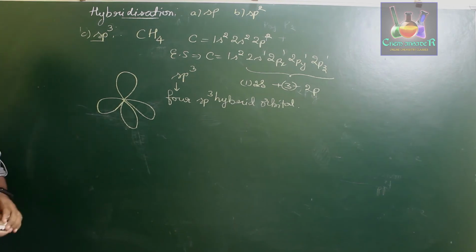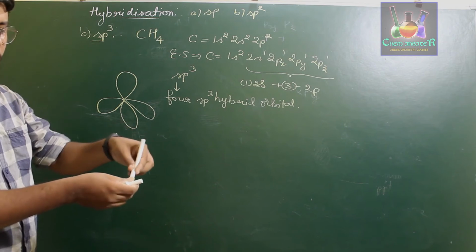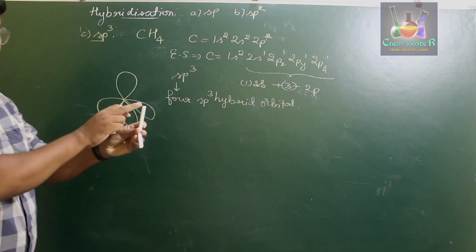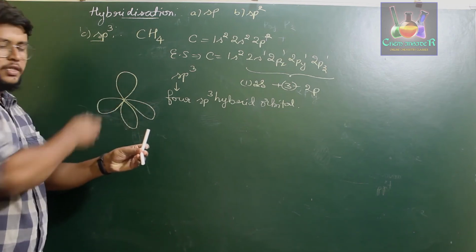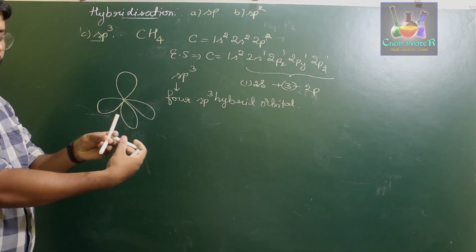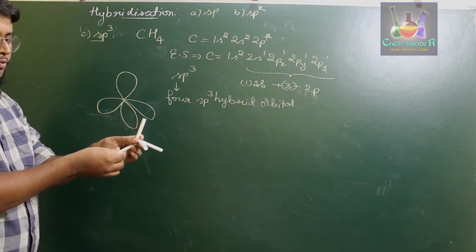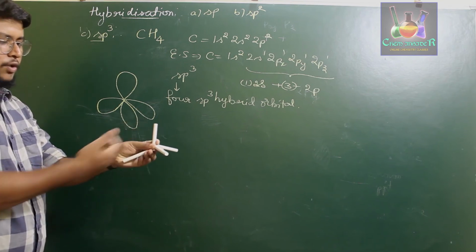So these 4 lobes are just like these 4 chalk pieces. This will be the top lobe in this direction, this will be the lobe towards you, and this will be the lobe away from you in this direction, and this one will be the lobe present in the plane and towards me.